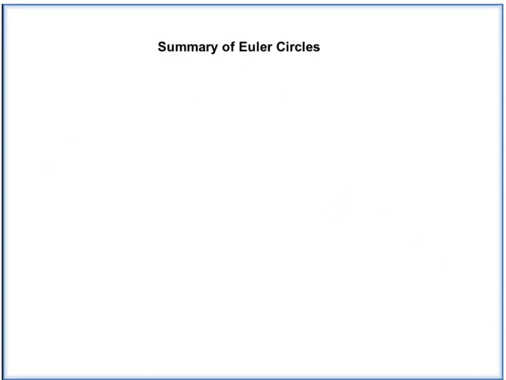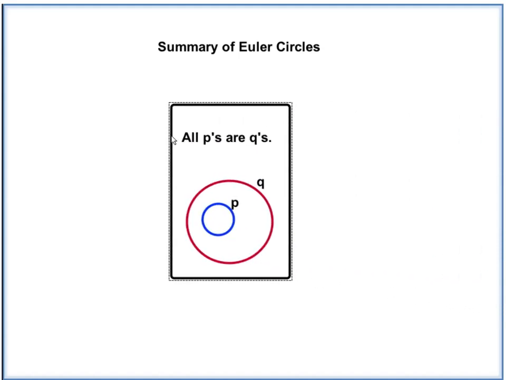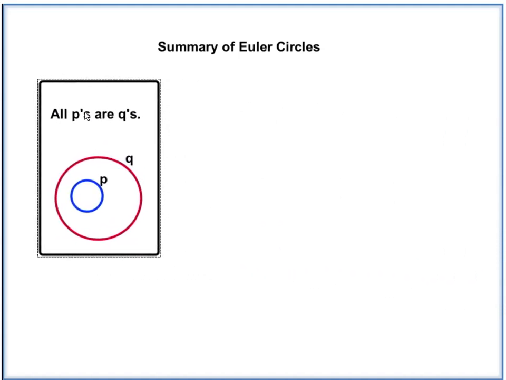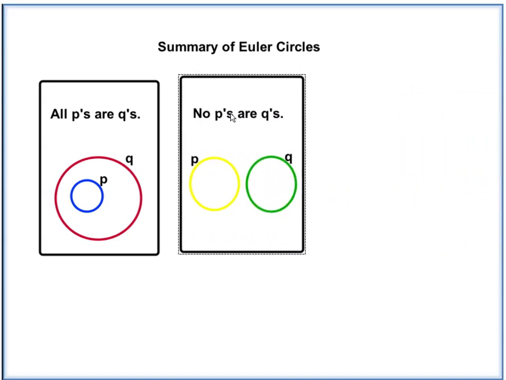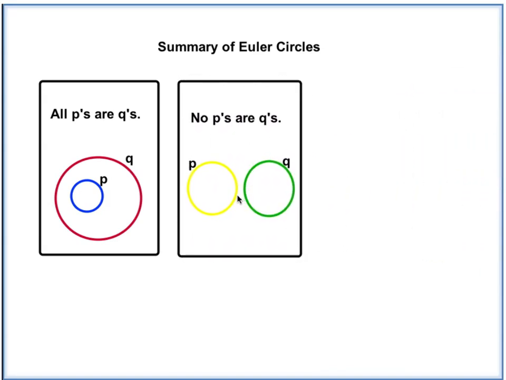Alright, so just a summary of our Euler circles to help you when you're making these. The first type is when we say all. So all P's are Q's, meaning that circle P has to be inside circle Q. Another one we can have is no P's are Q's.